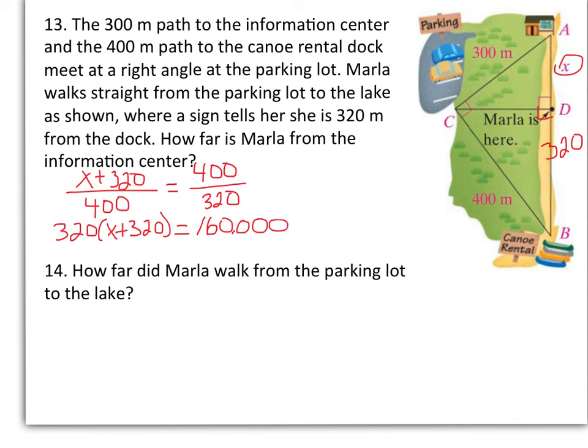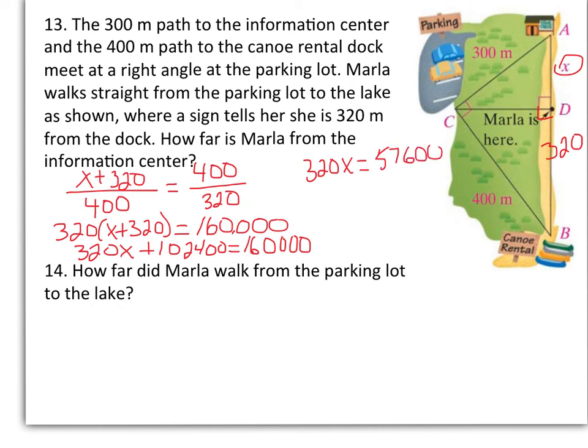Then distribute on the left. Okay, kind of running out of room here. But then if we subtract, we have 320x equals 57,600.